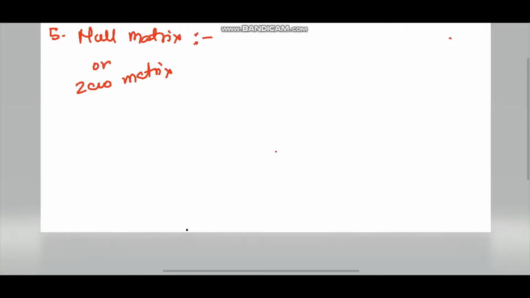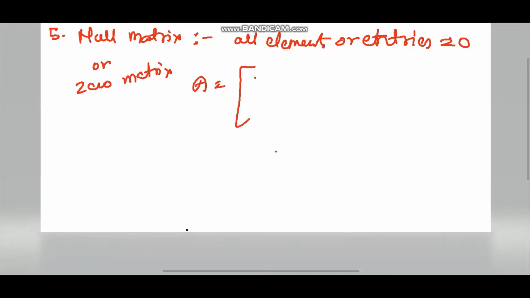A matrix is called a null matrix or zero matrix when all its elements or entries are equal to 0. For example, 0 0 0 0 is called a null matrix.